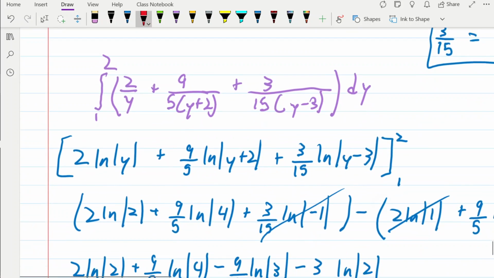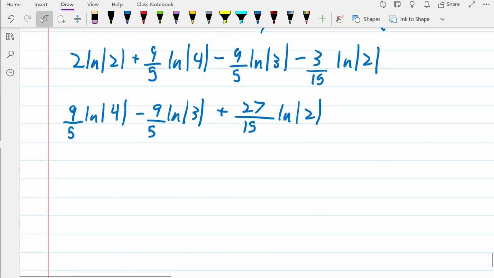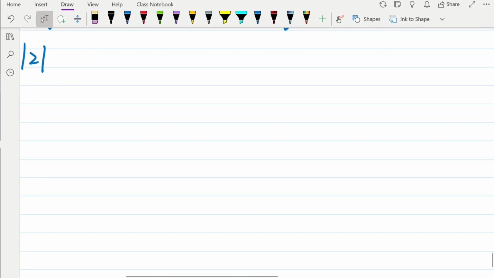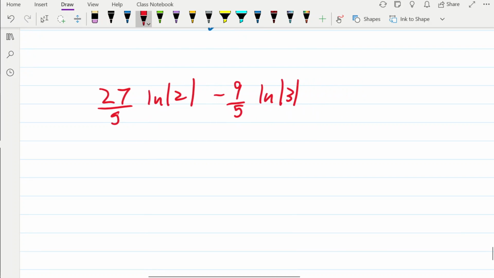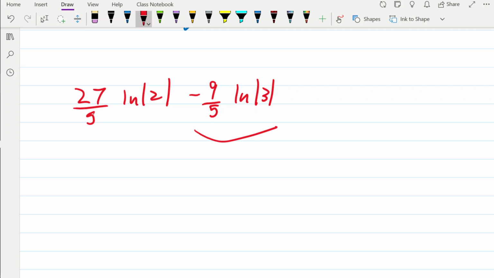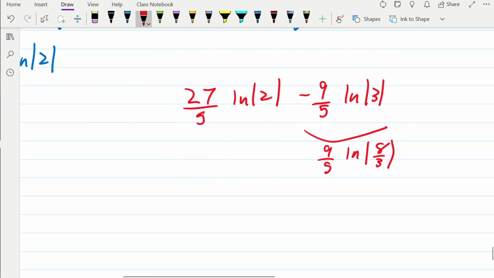Because the answer that I'm supposed to be getting is 27 over 5 ln of 2 minus 9/5 ln of 3, or this could also be 9/5 ln 8 over 3, and I did not get that.